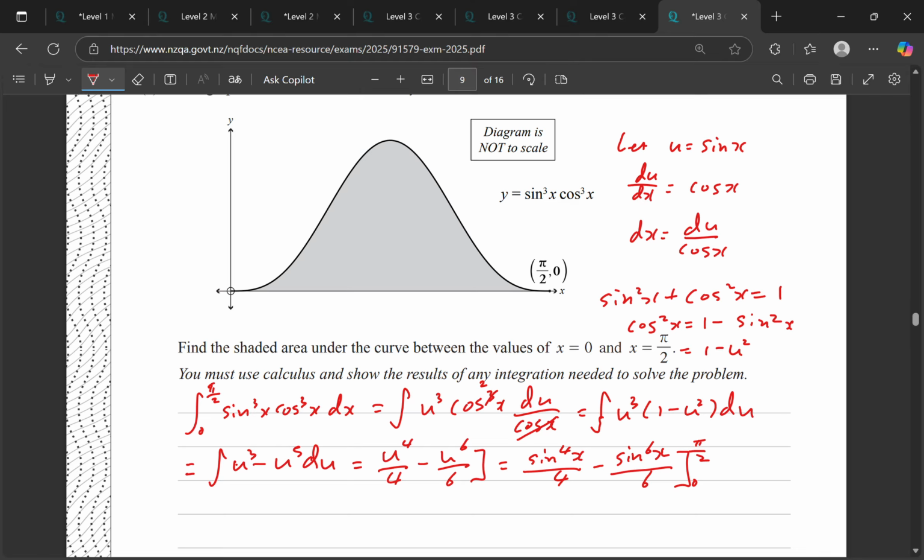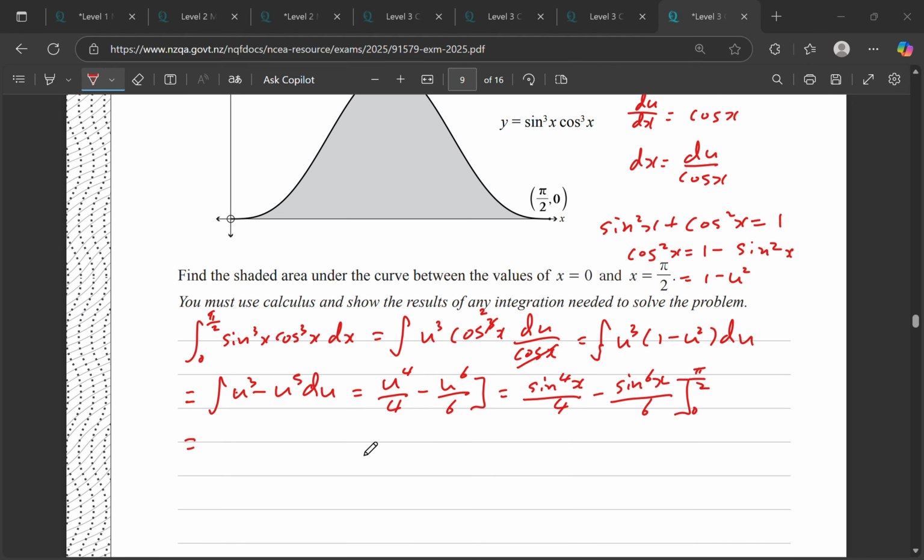Then it becomes, when I plug pi over 2 into x, sine pi over 2 to the power of 4 over 4 minus sine pi over 2 to the power of 6 over 6. And when you plug in 0, that's simply 0.